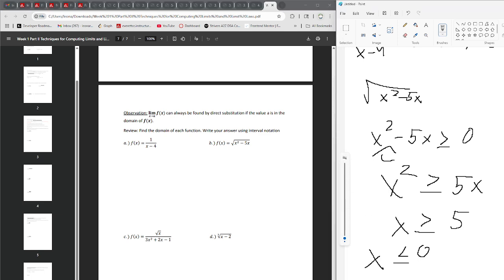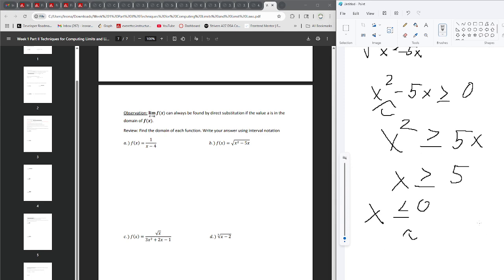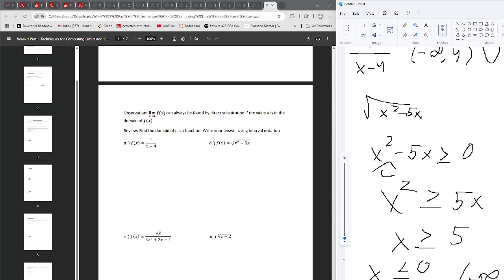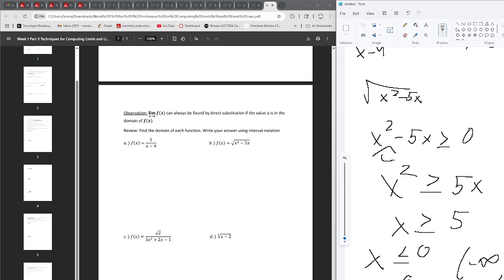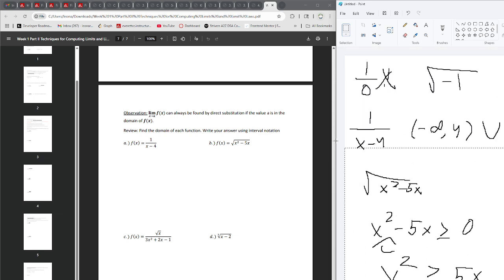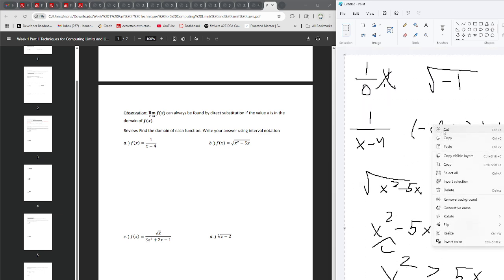Okay, so it has to be less than or equal to 0. So our domain is from negative infinity to 0 inclusive, probably, union 5 to infinity exclusive, probably. That one probably shouldn't have taken as long, but whatever.